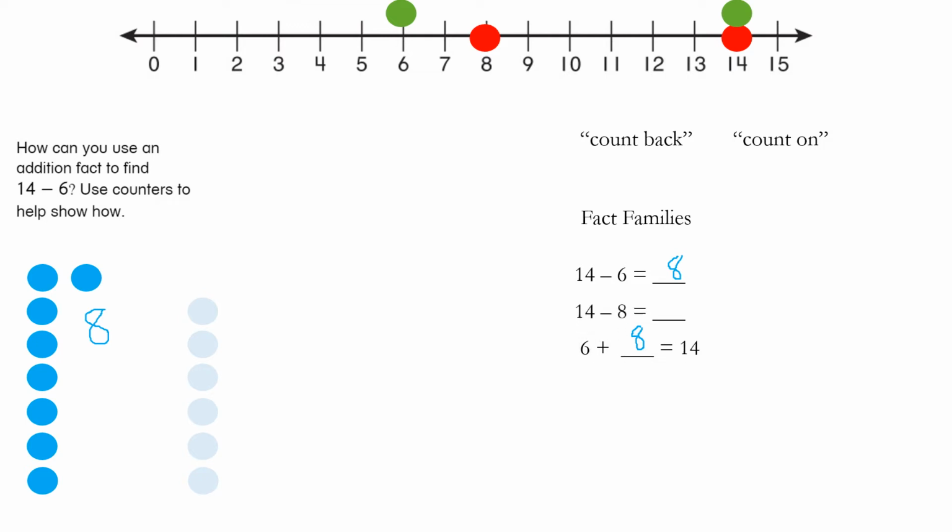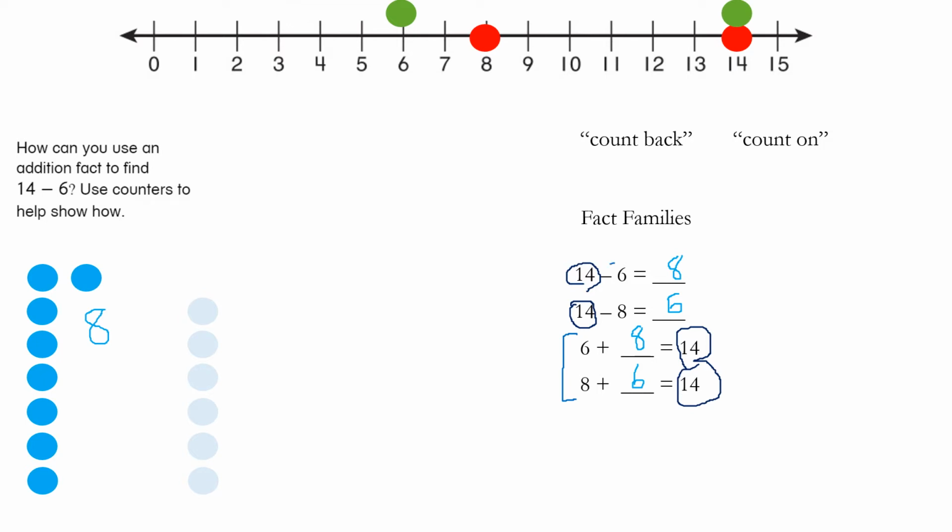And if we complete it, 14 minus 6 is 8. 14 minus 8 is 6. 6 plus 8 is 14. 8 plus 6 is 14. There's our commutative property, right? Because we can add in any order. And if we look at our fact family, there's a 14, there it is again, and again.